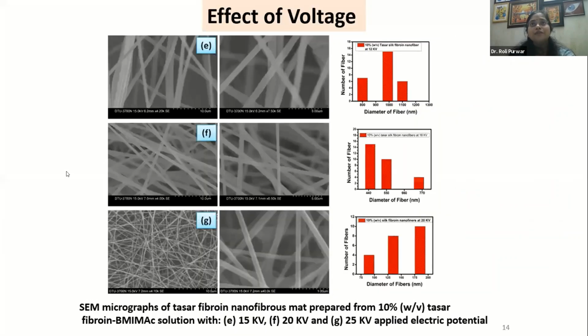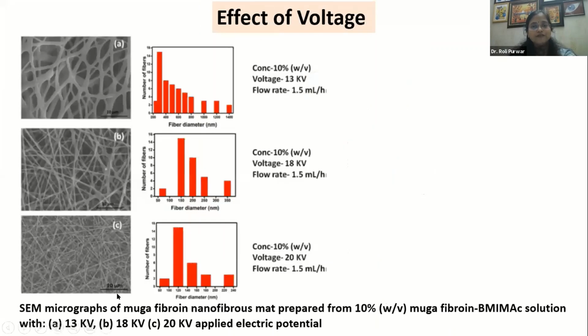Then with the 10% concentration fiber, we stretched it at a higher voltage and got good fibers with diameters ranging from 125 nanometers. Same for the effect of voltage on the Munga fiber at 10% concentration: when we keep increasing the voltage, we get very small diameter fibers, around 120 nanometers.